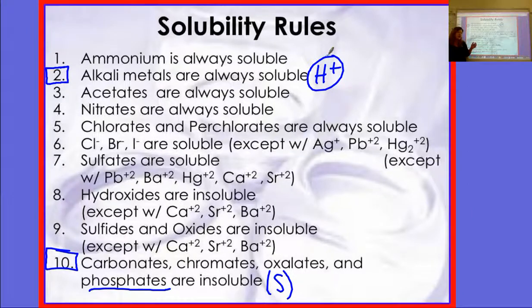It will be considered an alkali metal for this rule. It's always soluble. No matter what you put hydrogen with, it will always dissolve. So when you have this discrepancy where one is saying soluble and one is saying insoluble, always tend toward the soluble. If either one says soluble, make it an AQ. It'll be a solution. It will dissolve.